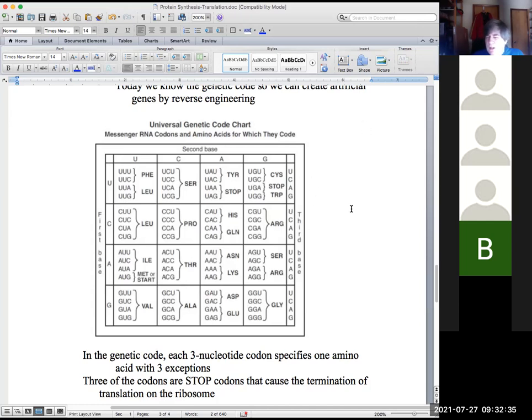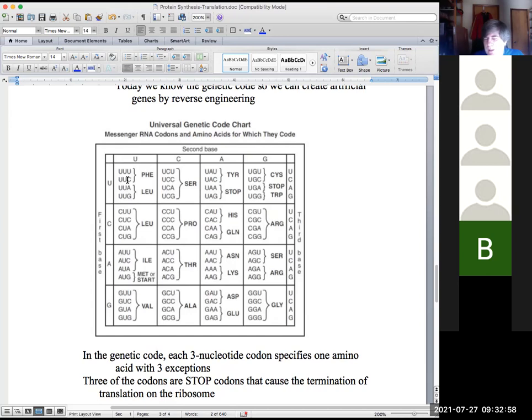Now we're going to focus on the inside. You can read the first letter in the codon over here, and the second letter up on top, and the third letter over to the right, but they have all 3 letters listed here. So suppose we have a codon that is UUU. Remember, codons are always 3 letters.